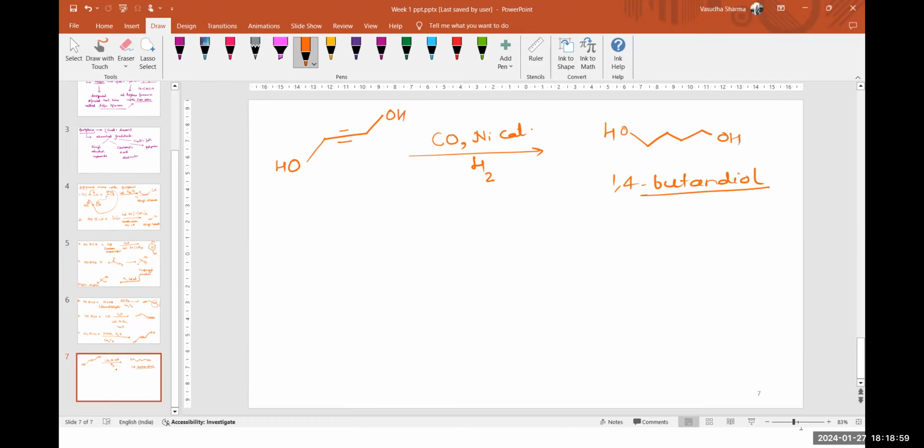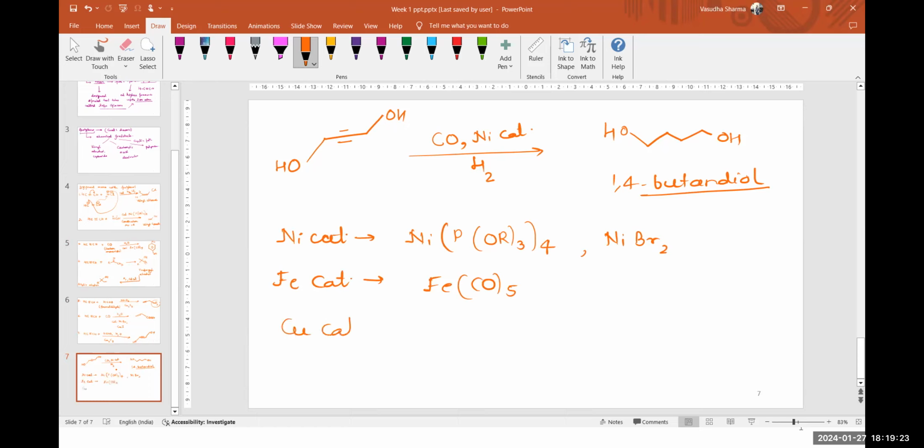So in all these reactions we saw, we have used nickel catalyst, mostly nickel and nickel bromide. We have used an iron catalyst, Fe(CO)5.